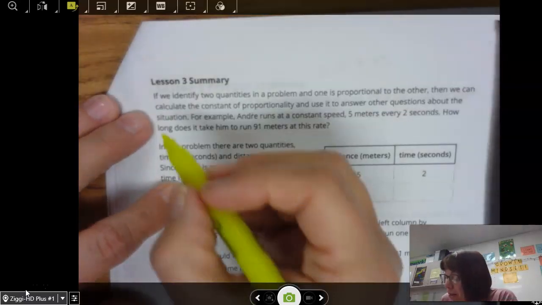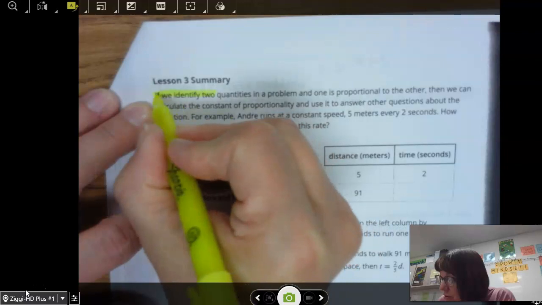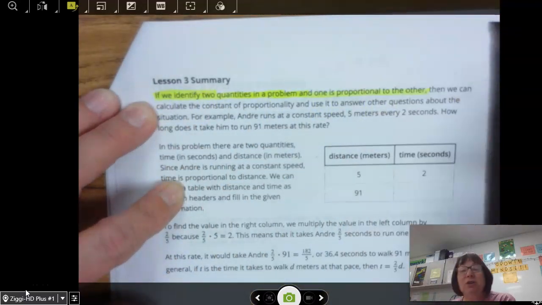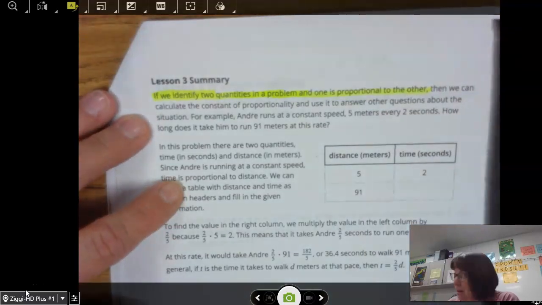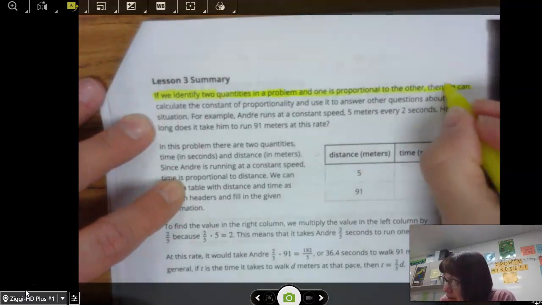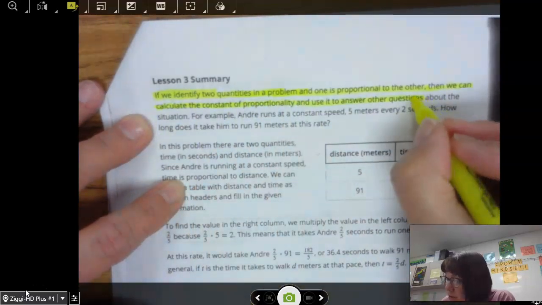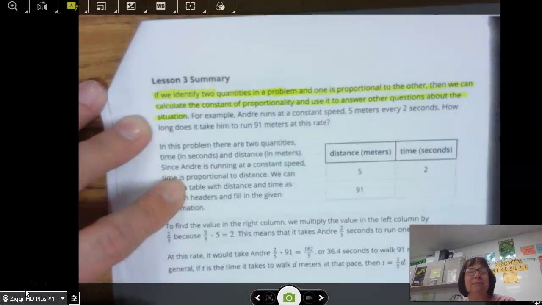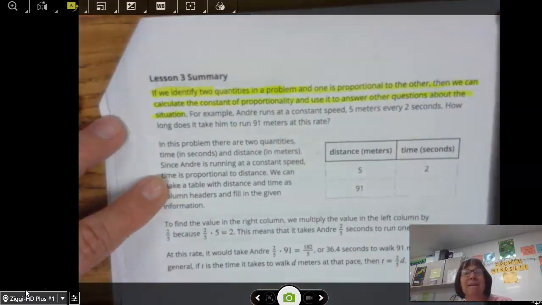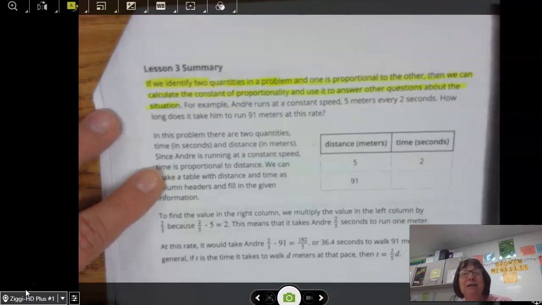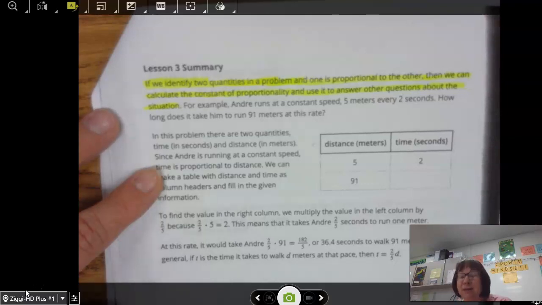It says if we identify, highlight this, or circle or underline, two quantities in a problem, and one is proportional to the other, then we can calculate the constant of proportionality and use it to answer other questions about the situation. Okay, they're giving you an example here. Andre runs at a constant speed, 5 meters every 2 seconds. How long does it take him to run 91 meters at this rate?